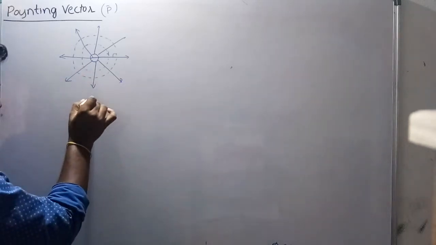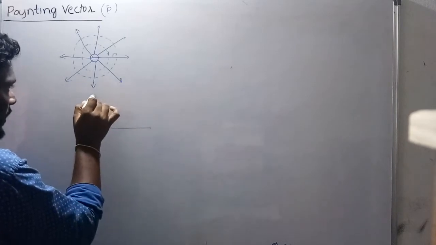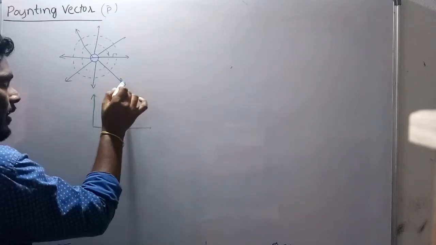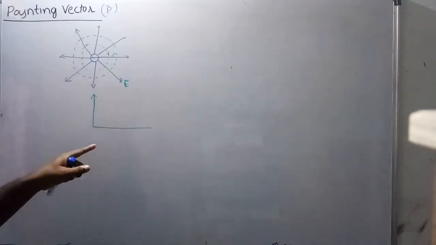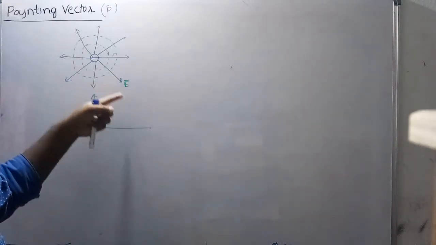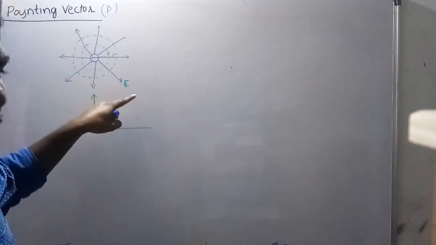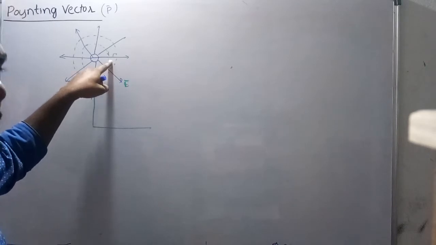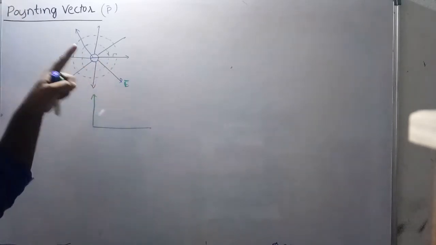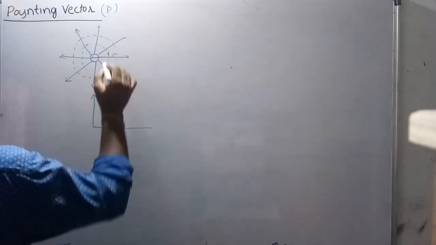So I am separately drawing the vectors here. Electric field is a vector as well as magnetic field is a vector. As these two have specific magnitude as well as direction, that's why the electric field is a vector, and the magnetic field also has a particular magnitude as well as direction, so that's why it is also represented with a vector.